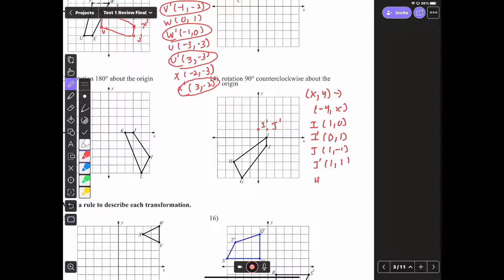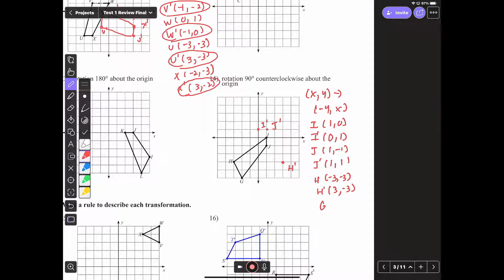H is negative 3, negative 3. So H prime, we have to switch, which it stays the same. So it's 3, negative 3. So this is H prime.